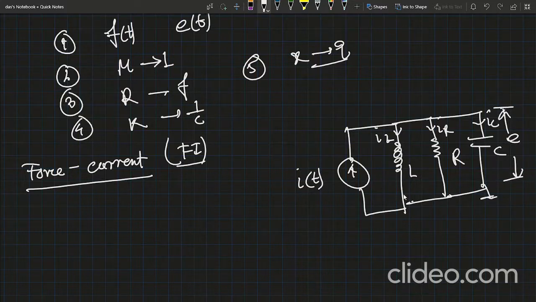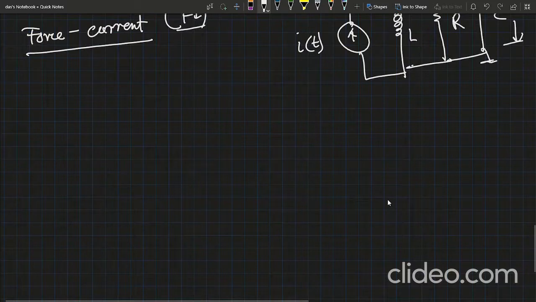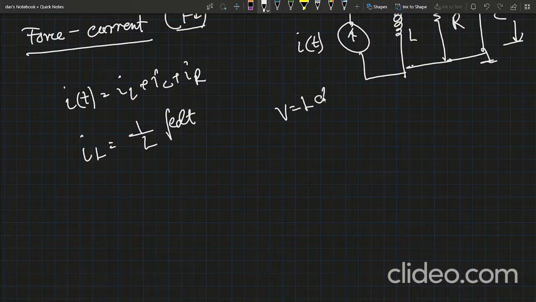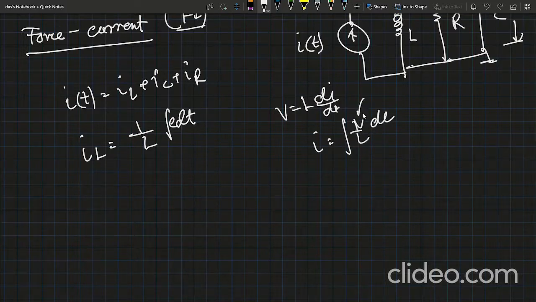Now if we follow KCL, then i(t) equals iL plus iC plus iR. This is a very easy equation. What is the value of iL? Since V equals L di/dt, i equals the integration of V by L dt, and here we consider V equal to e, so iL equals 1 by L integration e dt.